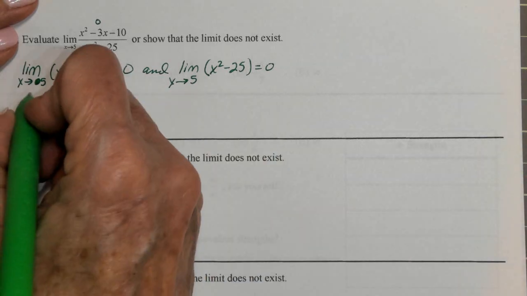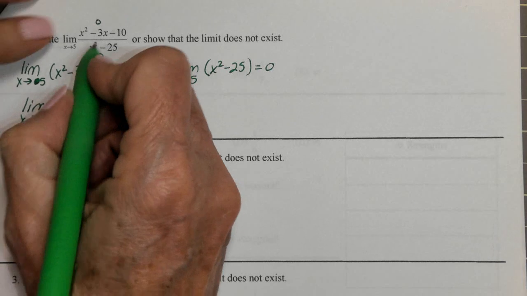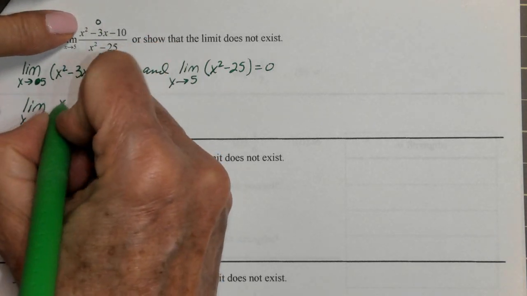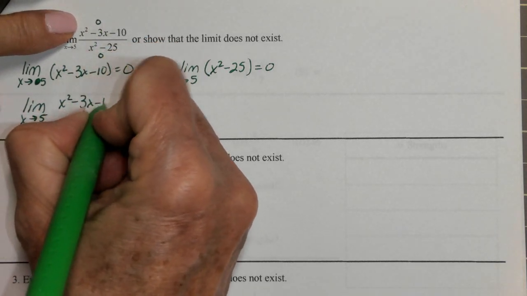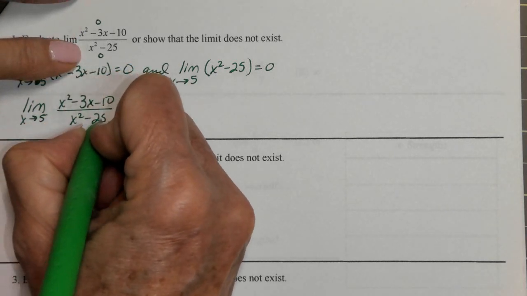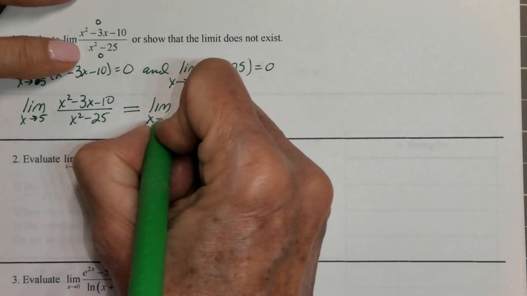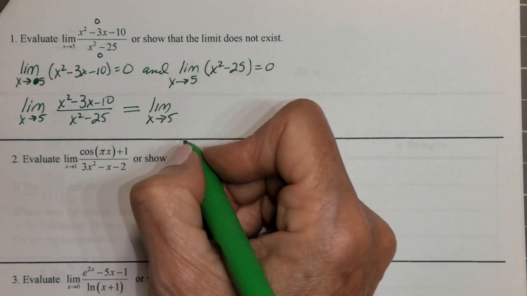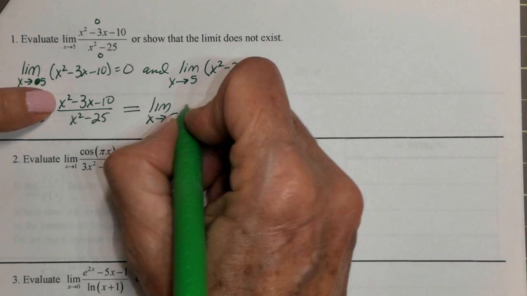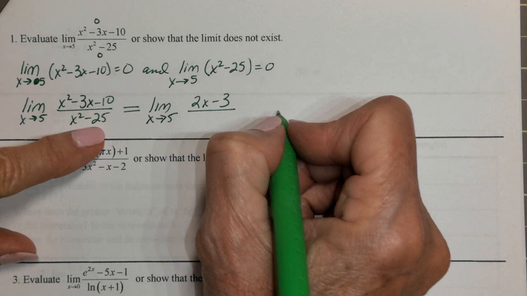Okay? So I can take my original limit of f of x, the top, over g of x, the bottom, is equal to the limit as x approaches 5 of the derivative of the top divided by the derivative of the bottom.